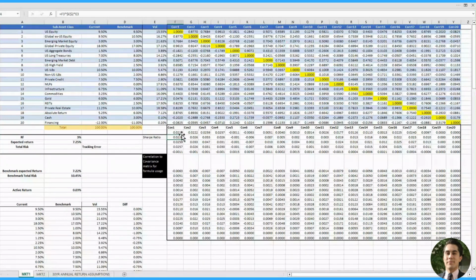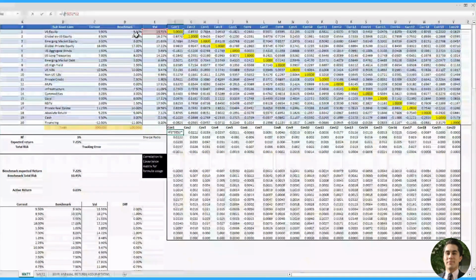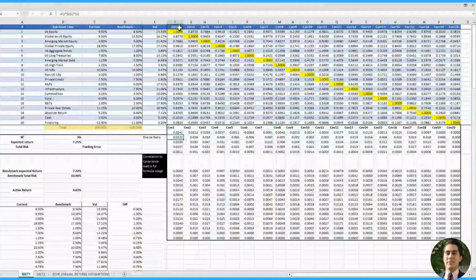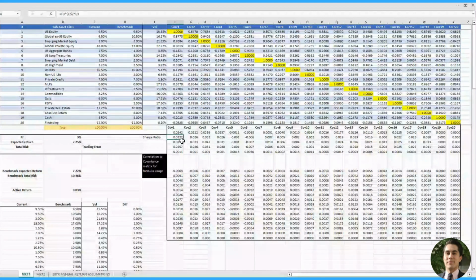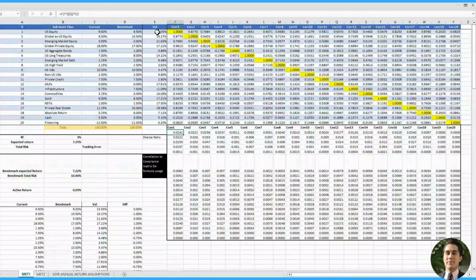Click that, and we should get 0.2. Hold on, this will be F2. Sorry, apologies. This is the correlation of the first one. Don't forget, it's the correlation of the first one times the volatility of itself. And basically your correlation of this asset times the volatility of itself, global ex-US equity.